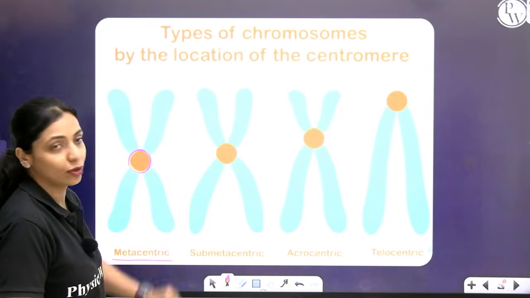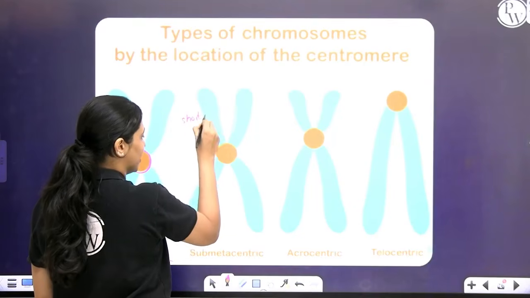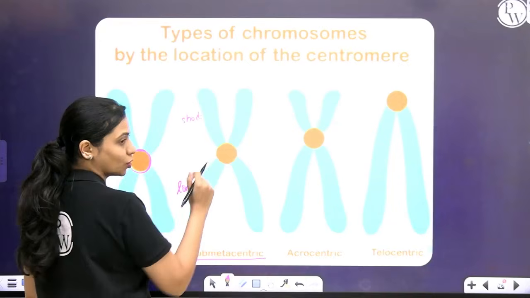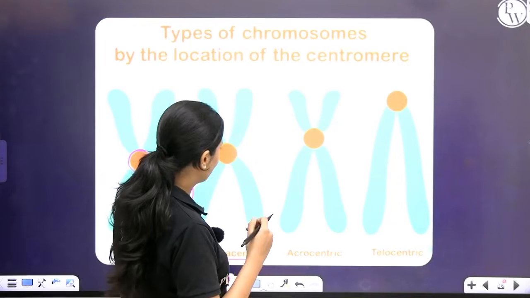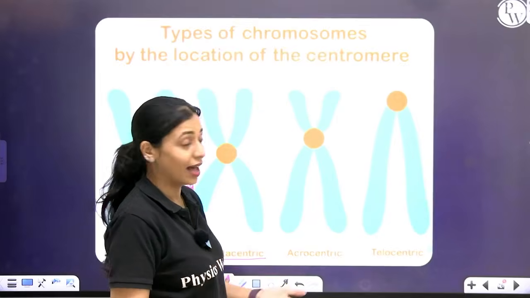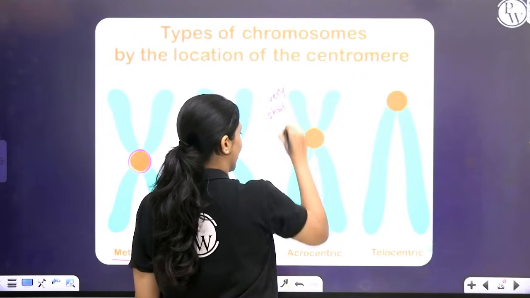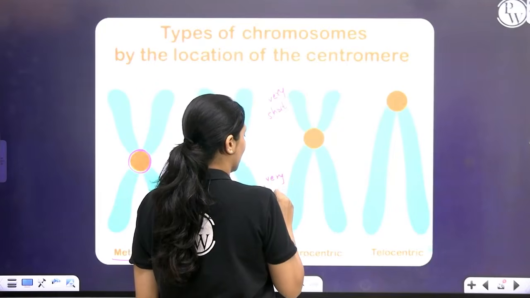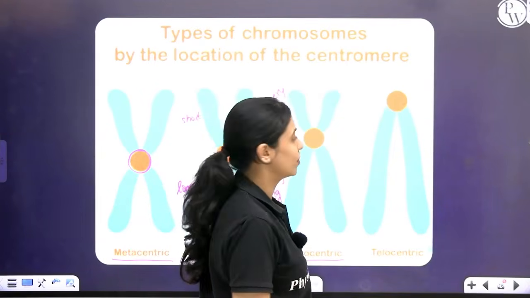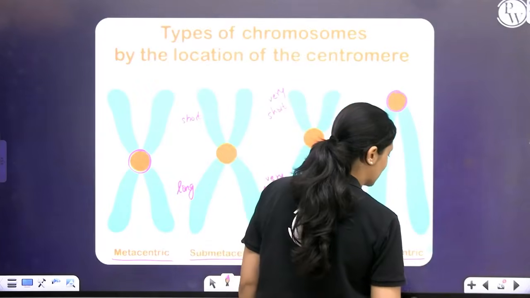If it's slightly away from the center such that you have a slightly short arm and a slightly longer arm, you call it a submetacentric chromosome. If the centromere is very far from the center, then you have a very short arm and comparatively very long arm of the chromosome. Then you call it acrocentric. The centromere could be present at the tip, at the terminal end also, in which case we call it telocentric.